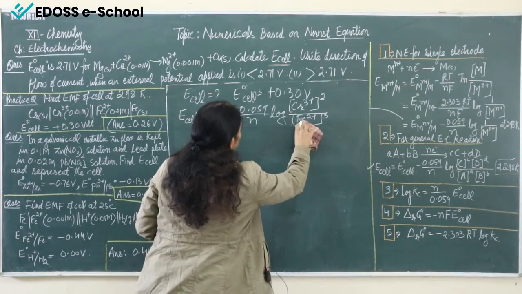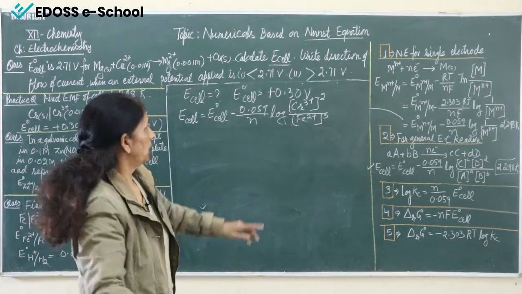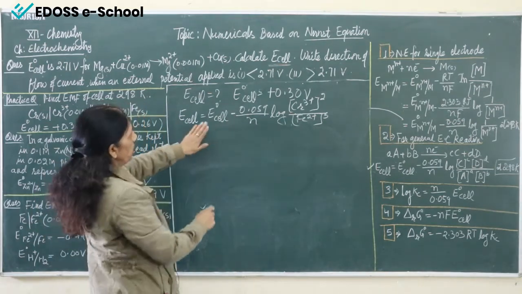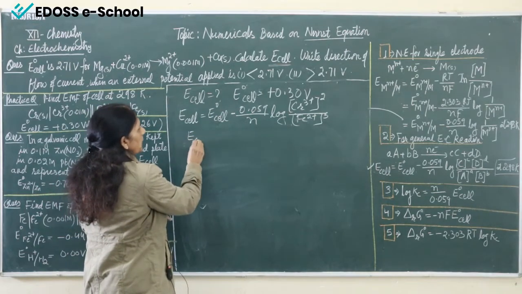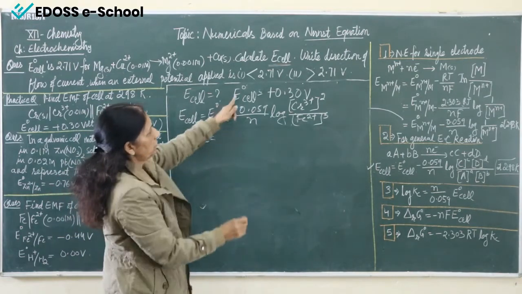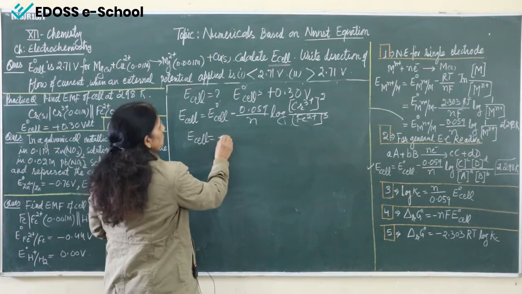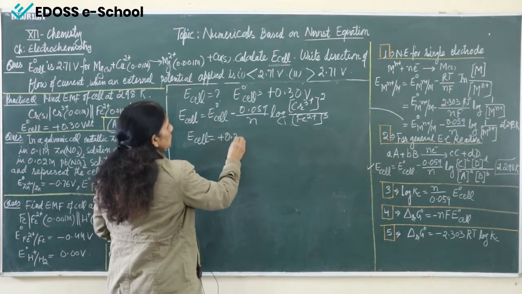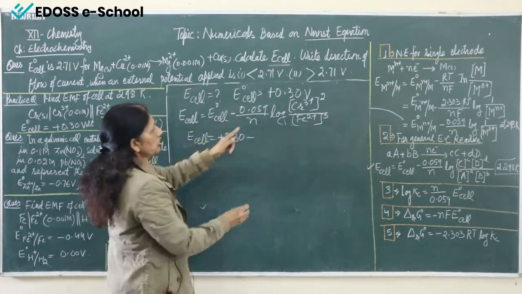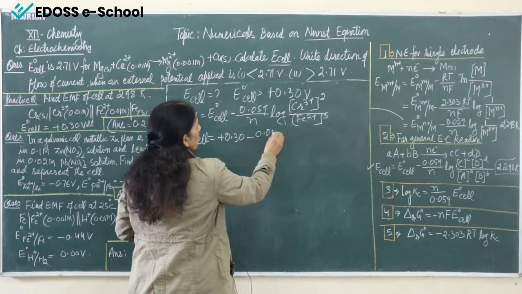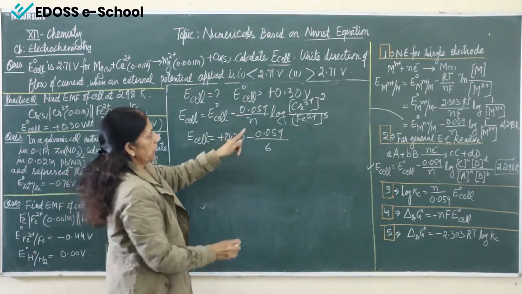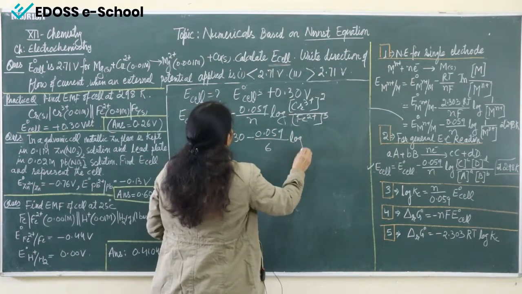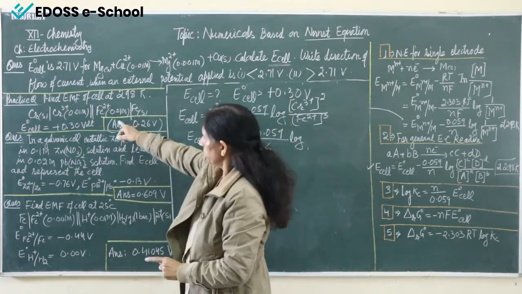This was a little bit different. Now same way, put the values. E of the cell is equal to E naught value, which is given, plus 0.30 minus 0.059 and number of electrons will be 6 and log. Now you can see concentration you can take from here.